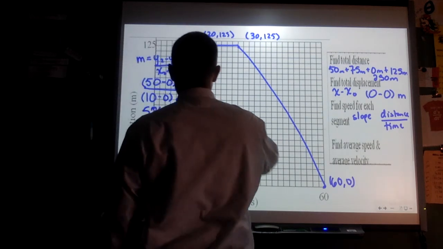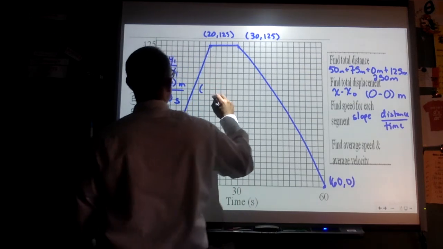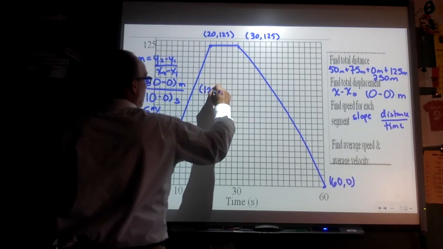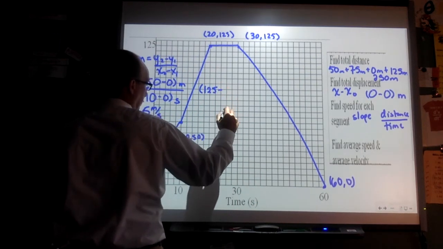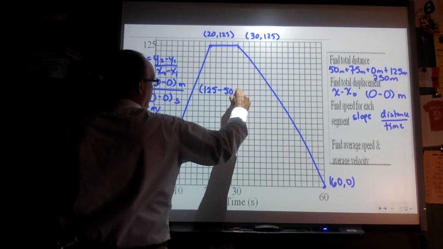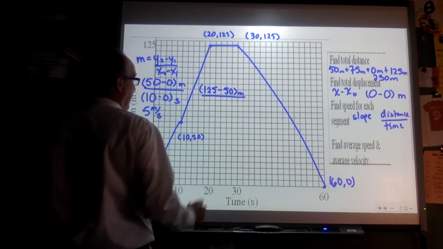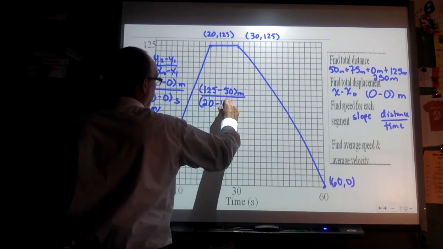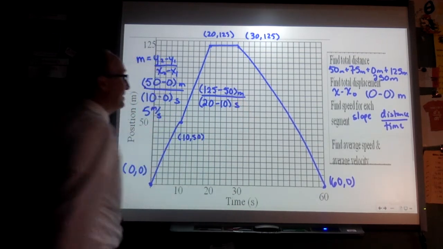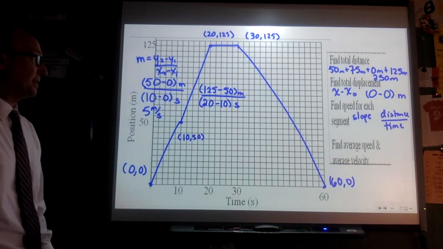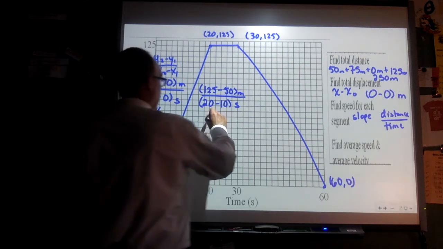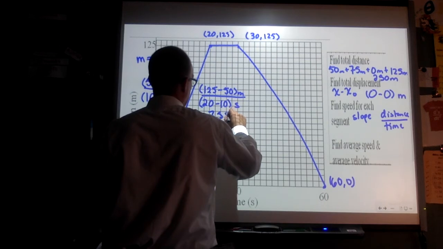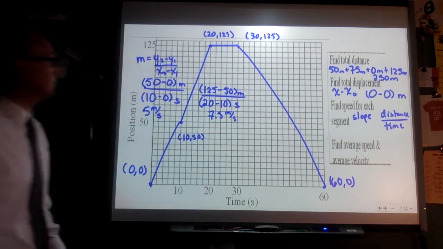So using the same thing again, I'm going to have 125 minus 50 meters, and this is again going to take 10 seconds, but now I'm ending up at 20 seconds and starting at 10 seconds. So this is going to be 75 divided by 10, or 7.5 meters per second.